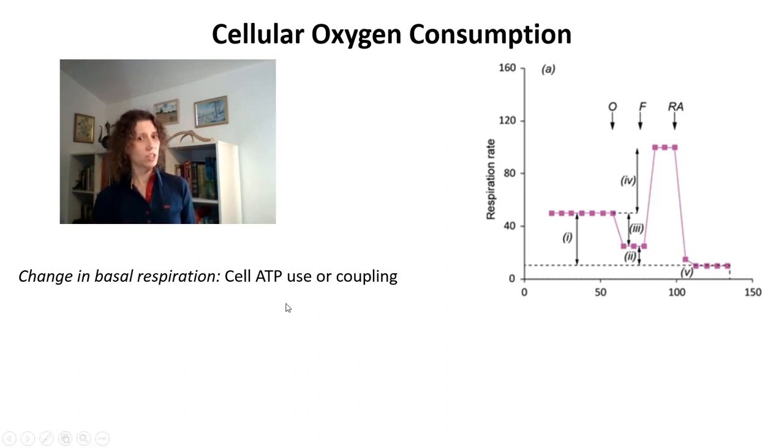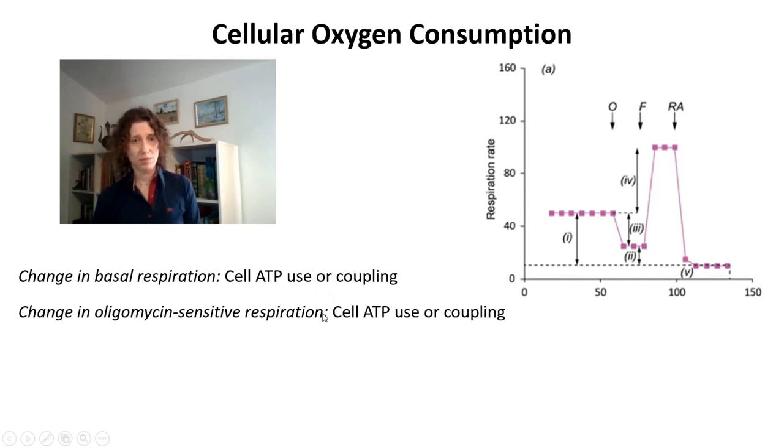How do you differentiate if it's ATP use or coupling? You add oligomycin. So oligomycin-sensitive respiration is going to change, so that the respiration that decreases with oligomycin is going to change when the cell ATP use is changing. Okay, it's also going to change if the amount of ATP produced per oxygen is different. So it's also going to be reflective of a change in coupling. How do you differentiate if it's coupling or ATP use?